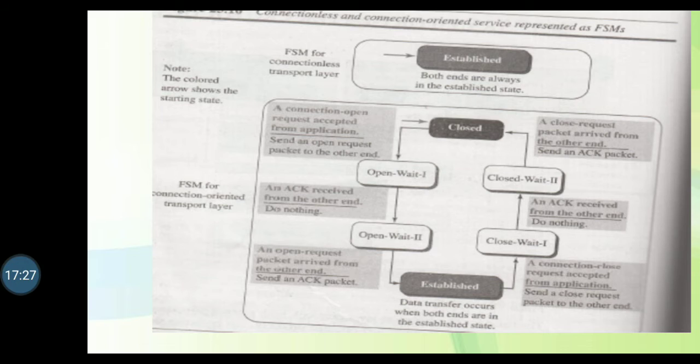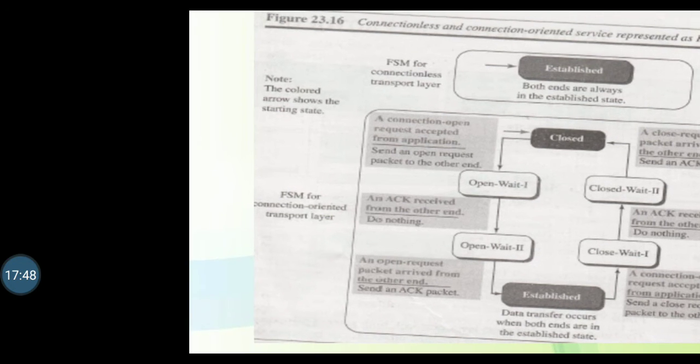The connectionless transport layer FSM has only one state, that is the established state.